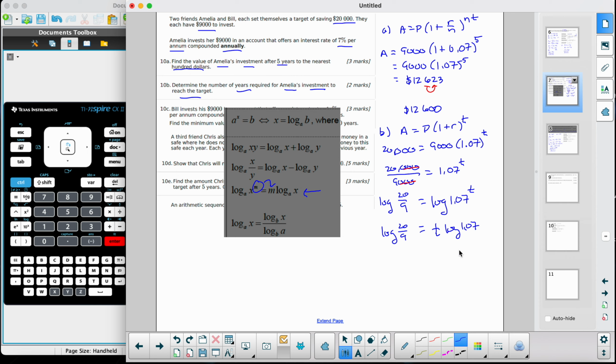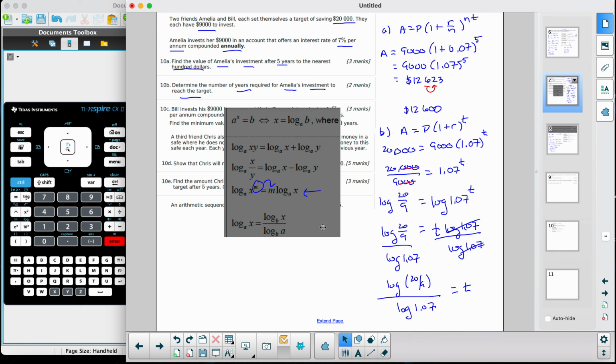I can move T out in front, which means I can divide both sides by log of 1.07, and booyah, I'm in business, right? Because these cancel. And then I just have to put this in the calculator. That equals T.